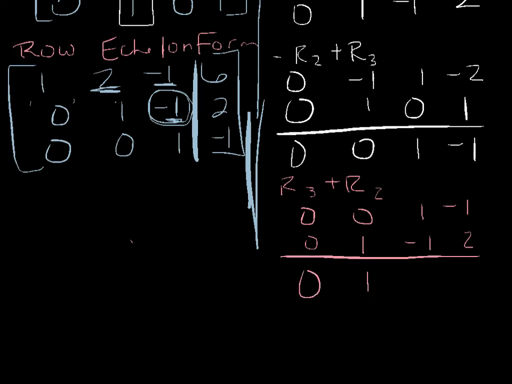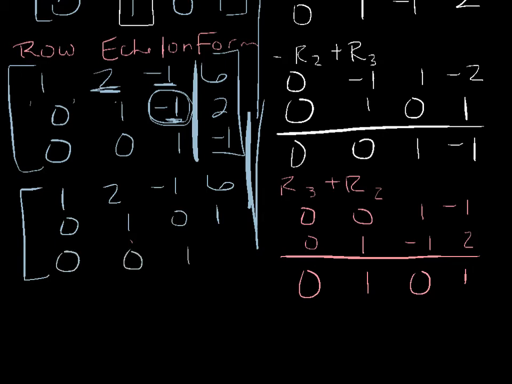So I have 0, 1, 0, and 1. So now this is going to replace row 2. So I have 1, 2, negative 1, 6, 0, 1, 0, 1, 0, 0, 1, negative 1.